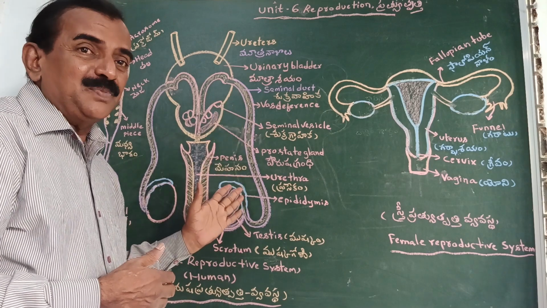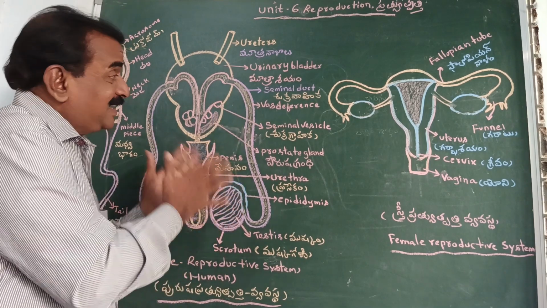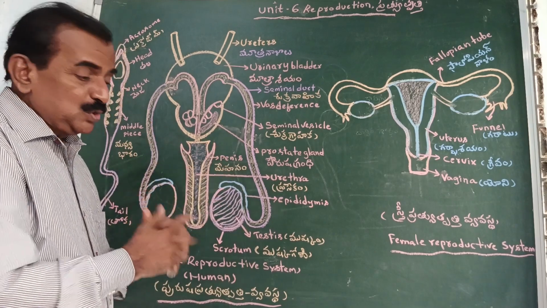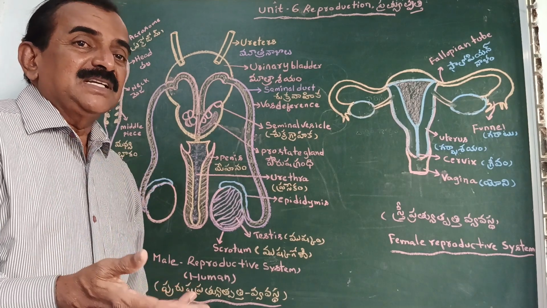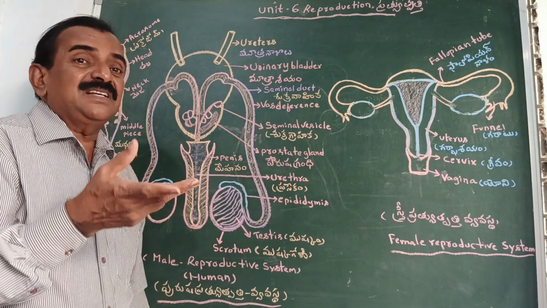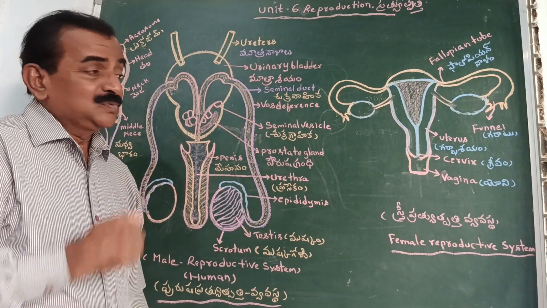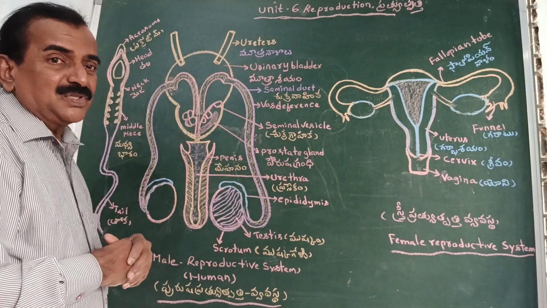This is the male reproductive system. All of you see this diagram, the structure of the male reproductive system. While talking about placental animals, in the case of humans, special reproductive organs are developed to carry out reproduction. Here we are looking at the parts of the male reproductive system.